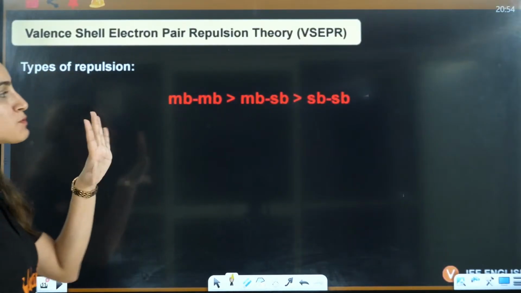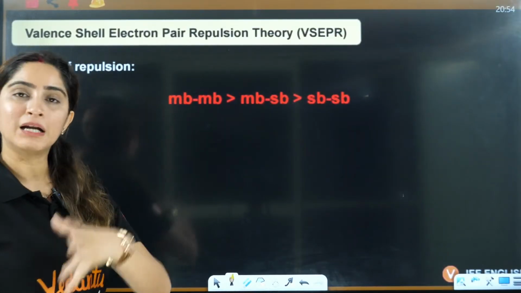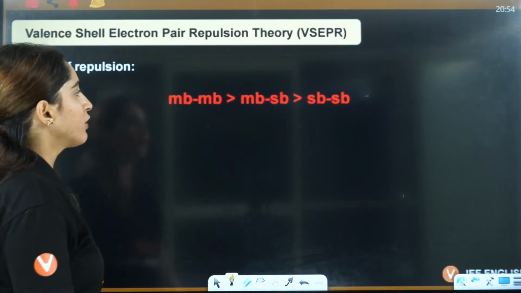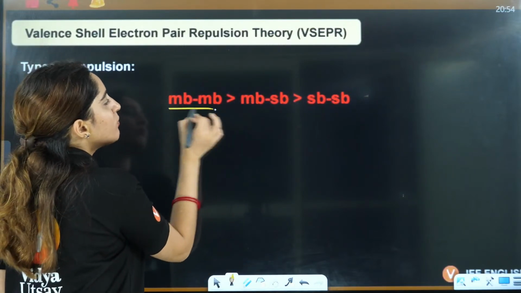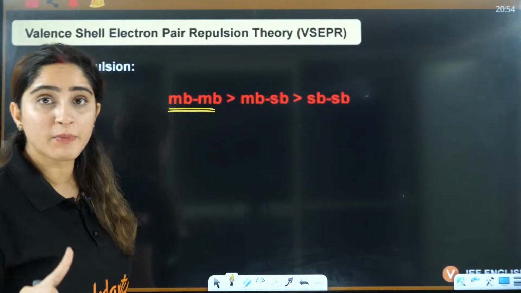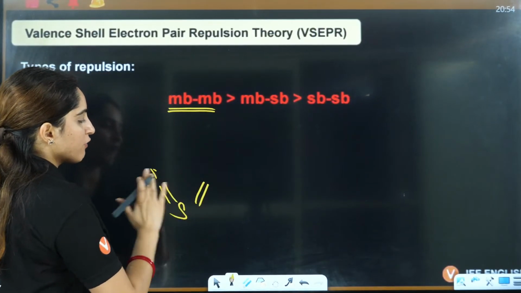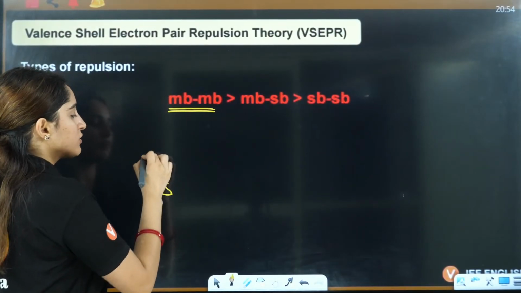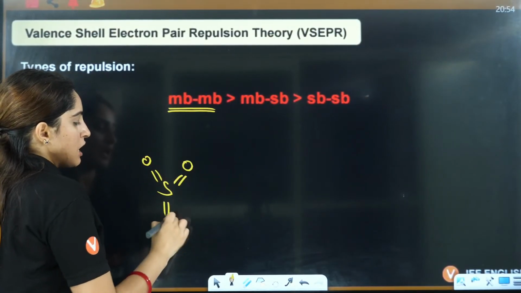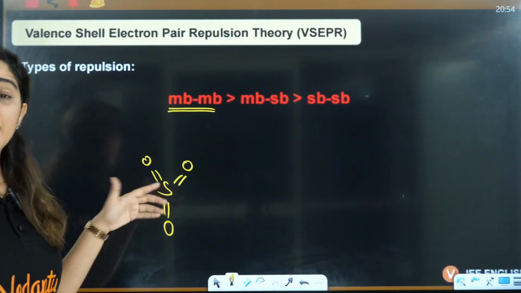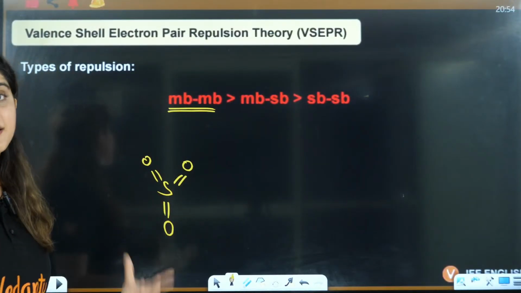Now, types of repulsions in multiple bonds. If you have 2 multiple bonds, like a double bond and a double bond, they will have maximum repulsion.